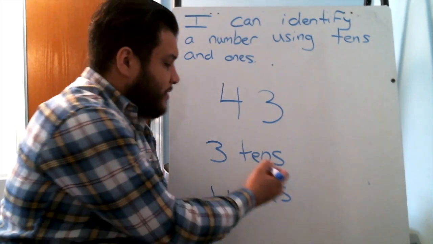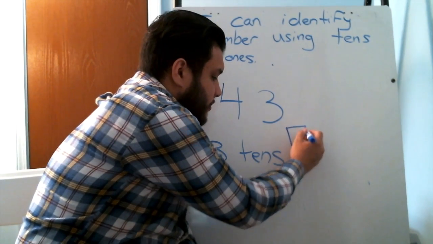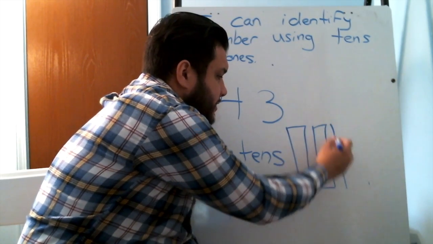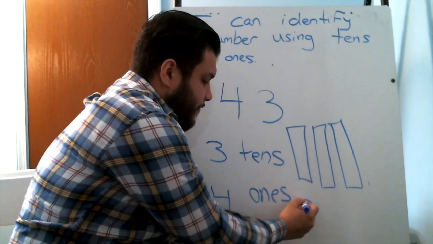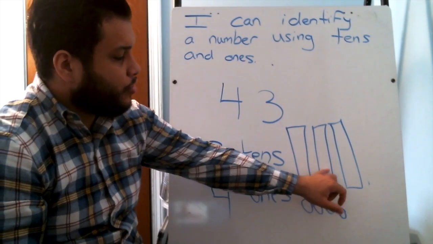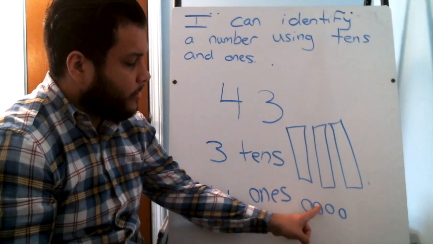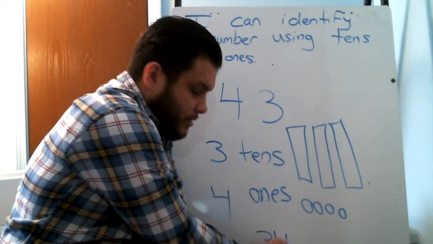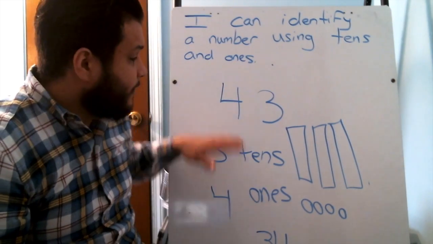Well, let's see what happens if I make this mistake. I'm going to draw my picture again. This time I said I had 3 tens and 4 ones. Let's count that. 10, 20, 30, 31, 32, 33, 34. Is 34 the same as 43?